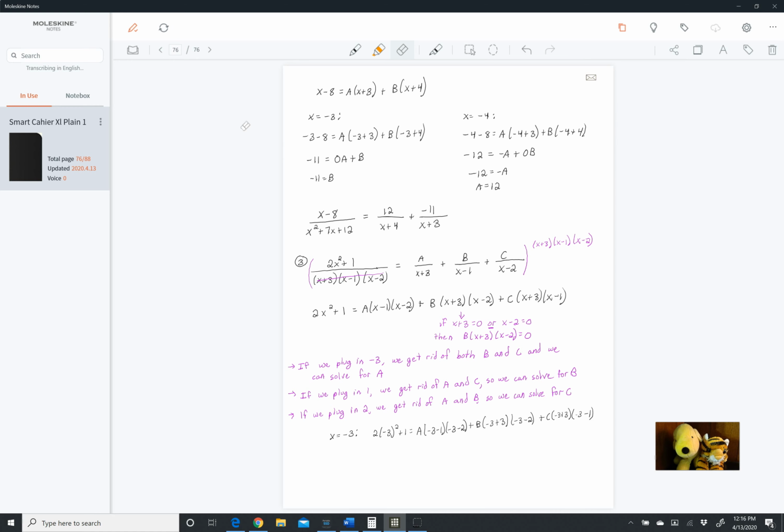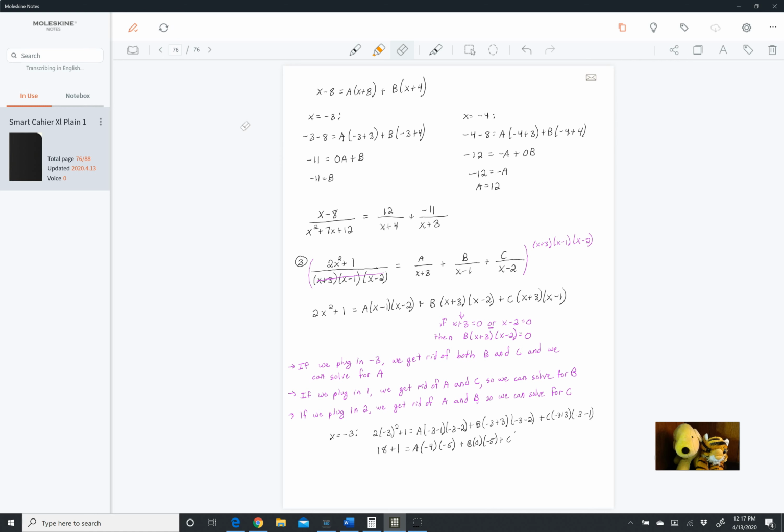So 2 times negative 3 squared is 2 times 9. So that's 18. I'll put this in as separate. 18 plus 1, then we get a. Negative 3 minus 1 is negative 4. Negative 3 minus 2 is negative 5. And then we get plus b times 0. You don't even have to calculate this, but I'll put it in.